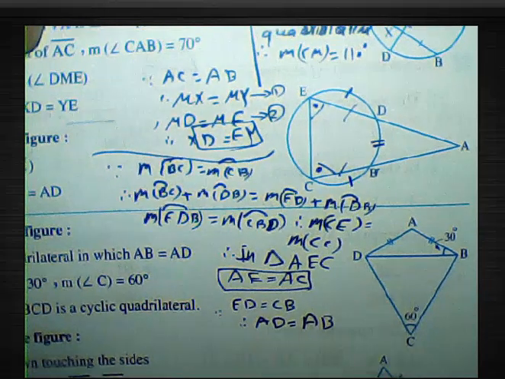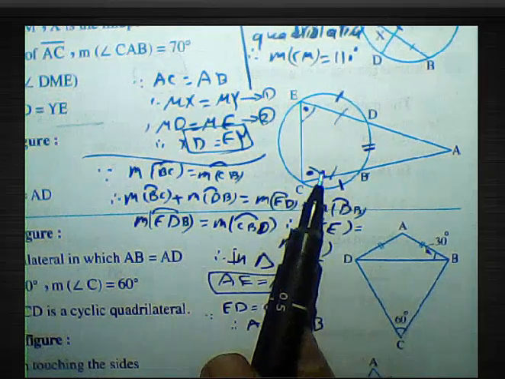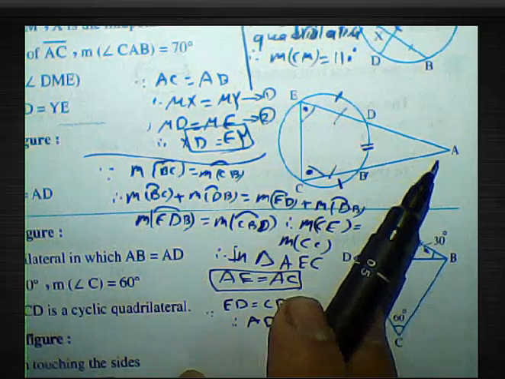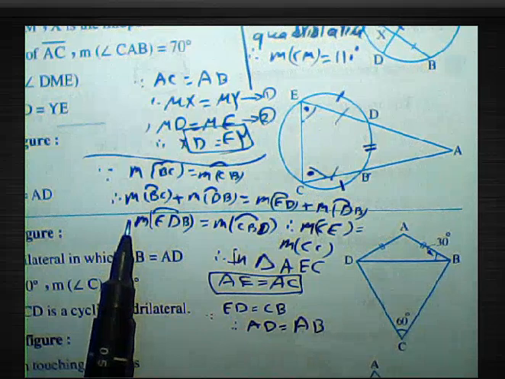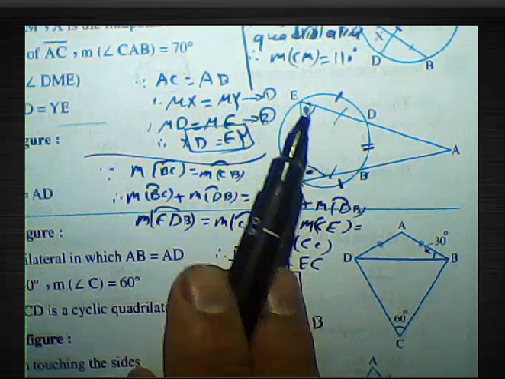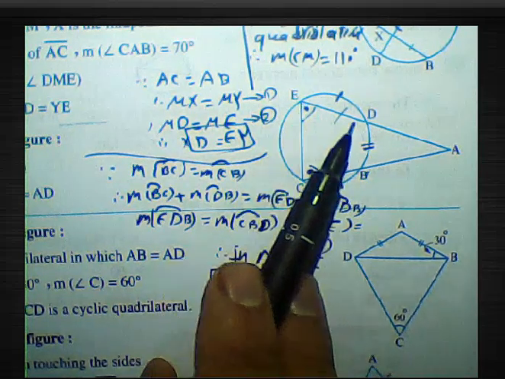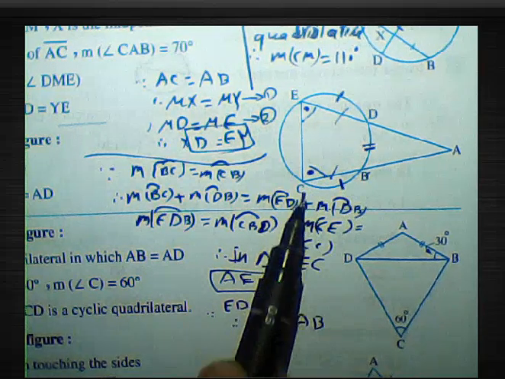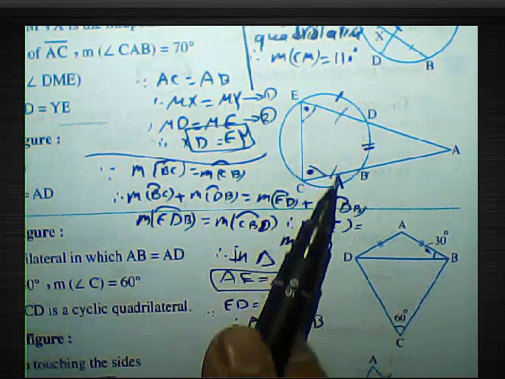Understood, my students? First step, we prove that this triangle is isosceles because measure of angle C equal measure of angle E, then length AE equal length AC. And we have two chords equal lengths, DE equal BC, because two arcs equal lengths, then two chords will be equal lengths.